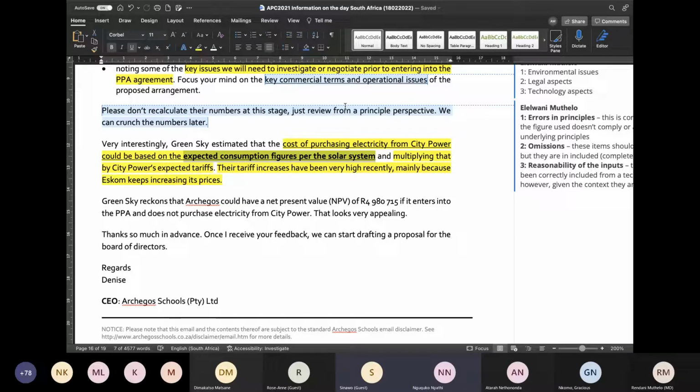And they are offering to say, look, guys, we can come to PPA, which is an agreement, for power generation, right?